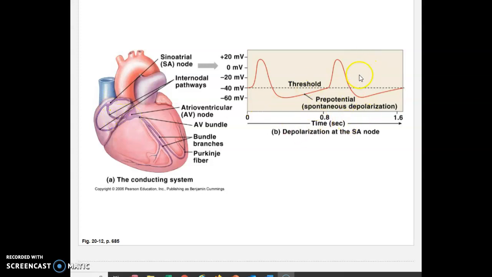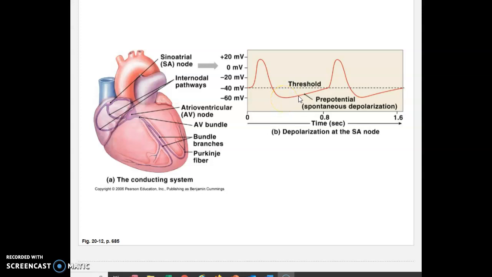And in the autorhythmic cells that make up the nodal system and the intrinsic conducting system, we have this pattern. We always start out at a resting membrane potential, and then we have this area here that we can call prepotential, and we can also call it the pacemaker potential. Now notice -60, where we're starting, is going to be our resting membrane potential.